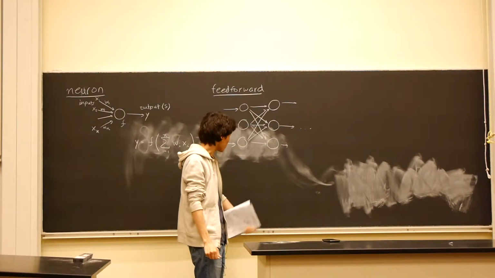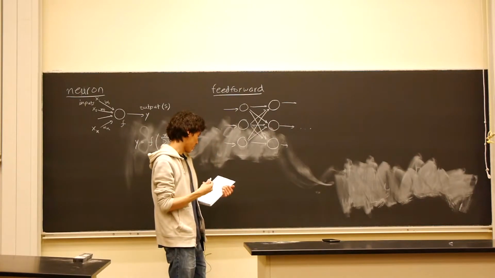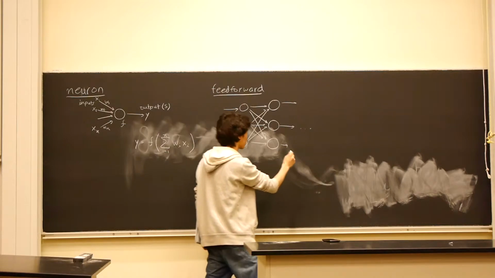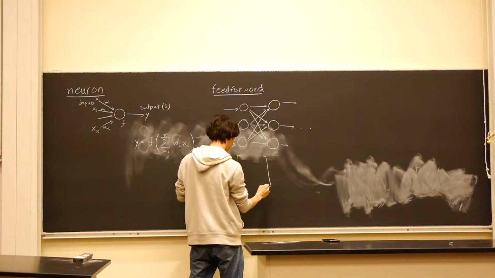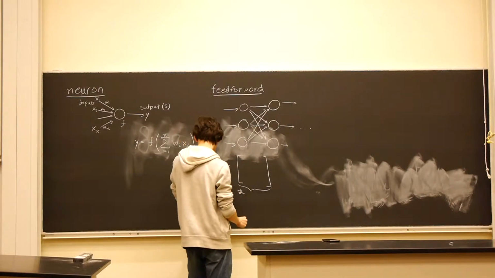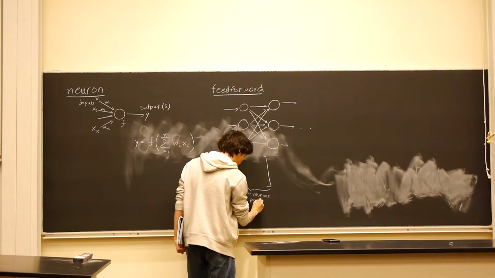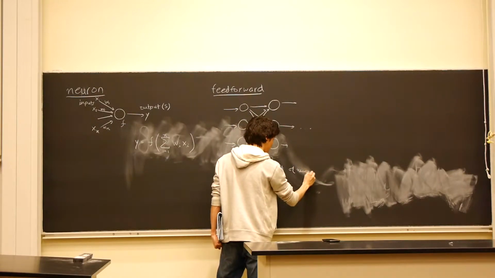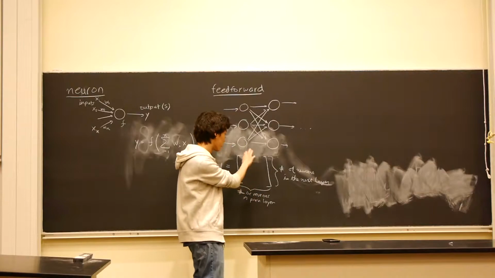And one useful way to think about the connections between these layers is as a giant matrix W. The number of columns would be the number of neurons in the previous layer, and the number of rows is the number of neurons in the next layer.